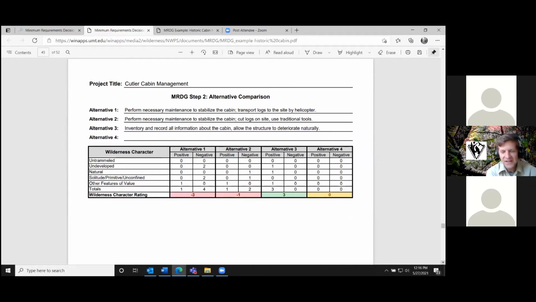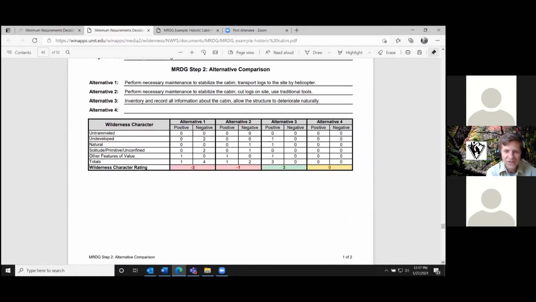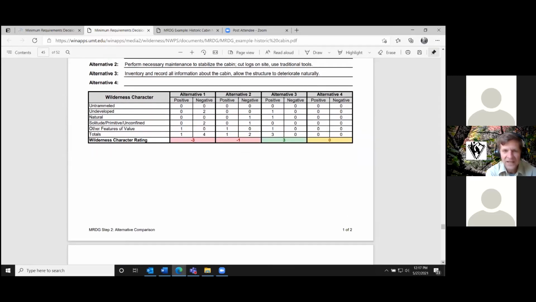But again, as I said earlier, this quantitative analysis doesn't really address how impacts may be greater or lesser to a given quality within the wilderness character. So it can be misleading, but you can see they end up coming up with their decision down below.